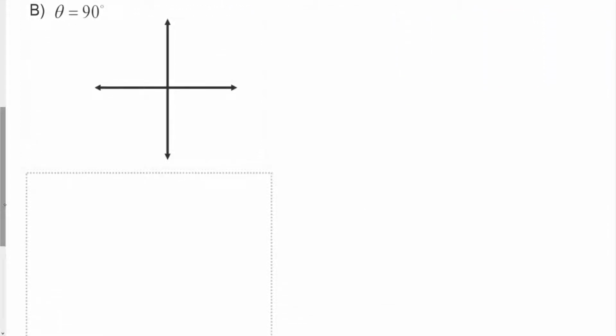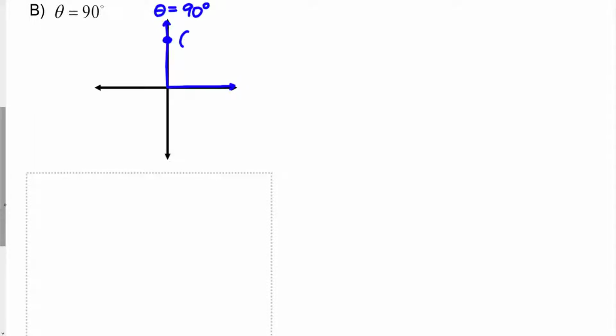All right, now I'm not going to evaluate all trig functions at every single angle measure, but I want to give you an idea of how this works. So 90 degrees. Theta equals 90 degrees is this angle right here. So if I draw an initial side and a terminal side, my terminal side lies right here. I just need to know a point that lies on the terminal side in order to do these calculations.